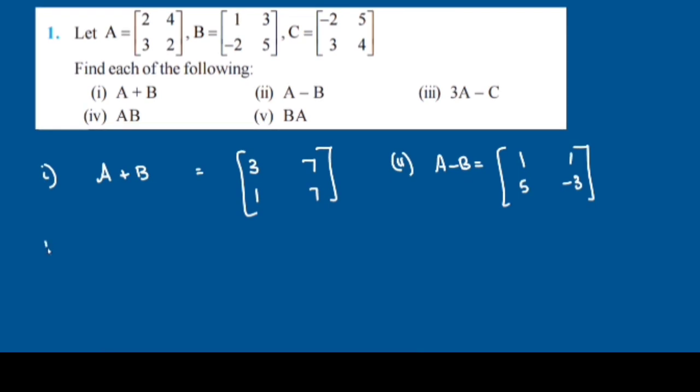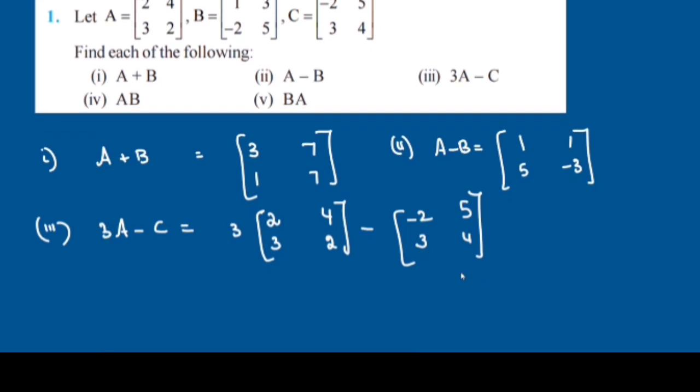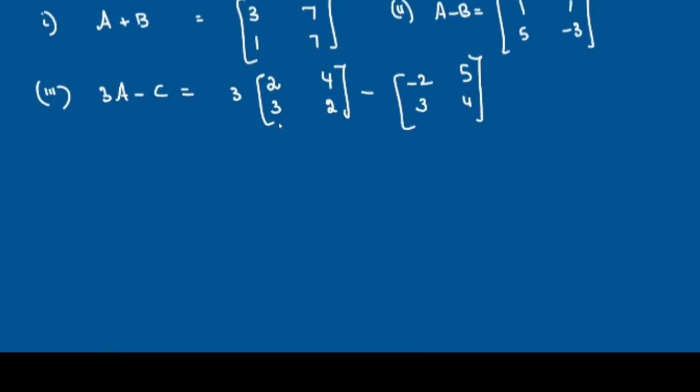Now third is 3A minus C. That means you have to multiply the matrix A by 3, 2 4 3 2, minus the matrix C, minus 2 5 3 4. So how do you multiply by a scalar? All the elements should be multiplied. So don't multiply only one row.